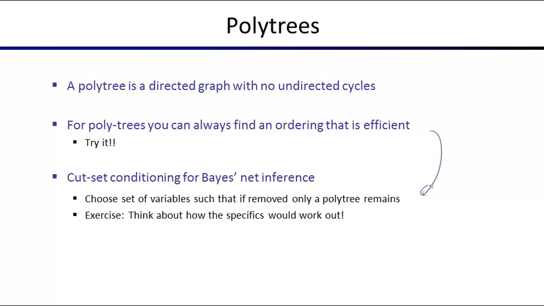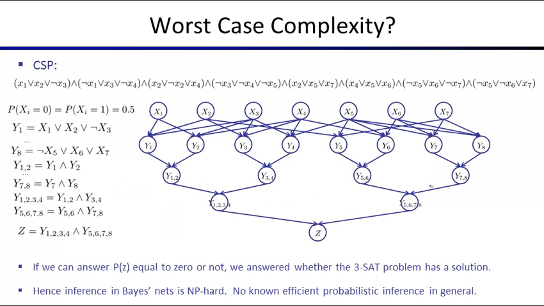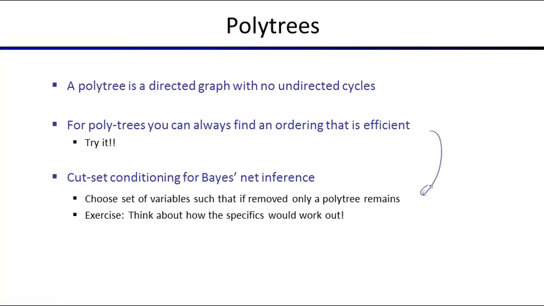You find out from the result over here that in general, the number of variables to pull out of your Bayes net graph is going to be relatively large. All right, any questions about that?